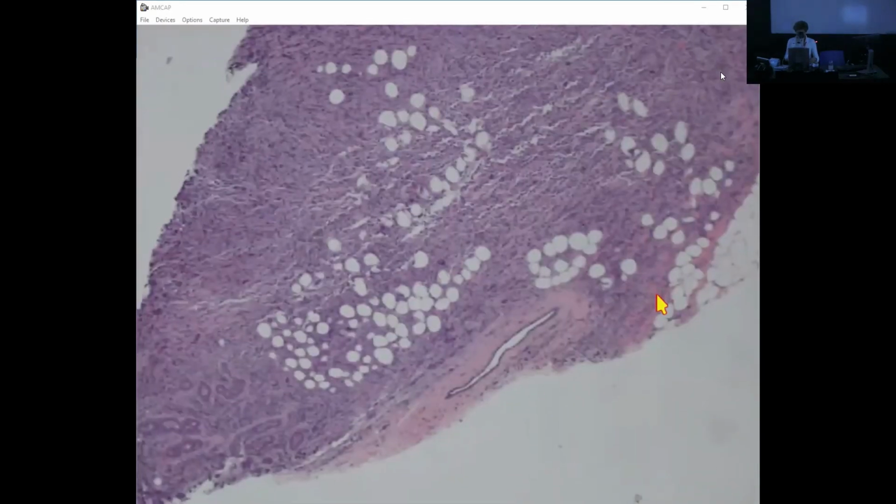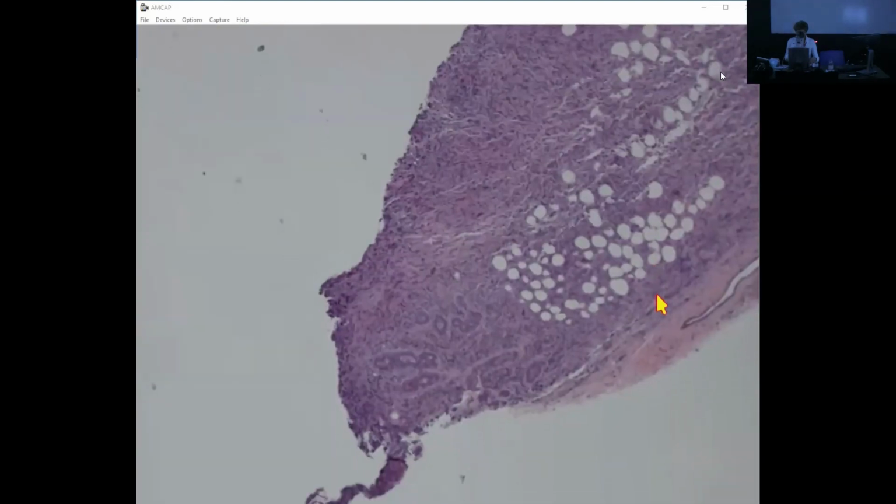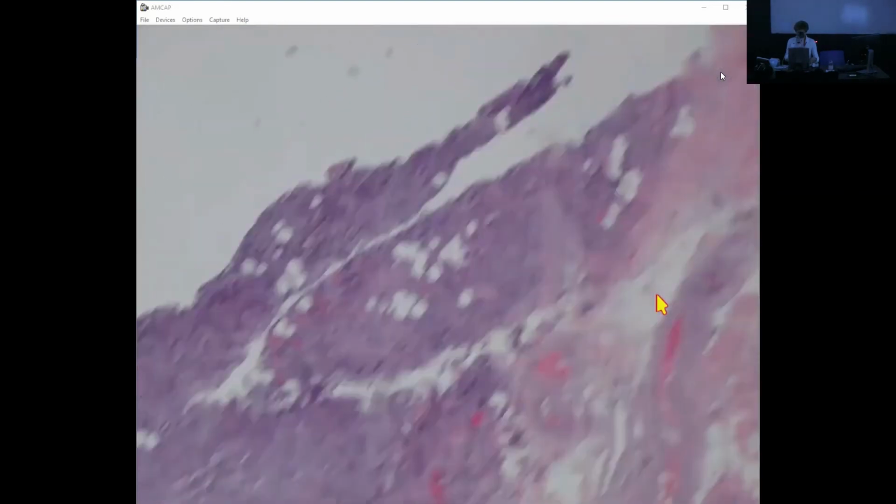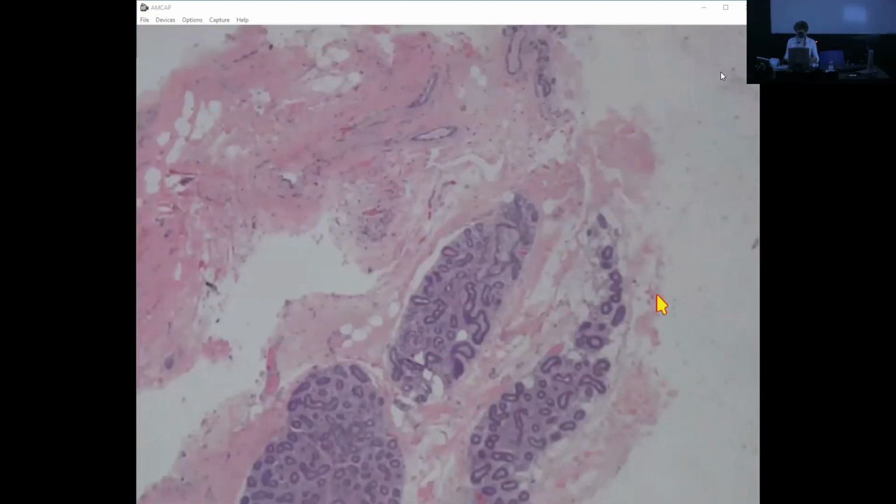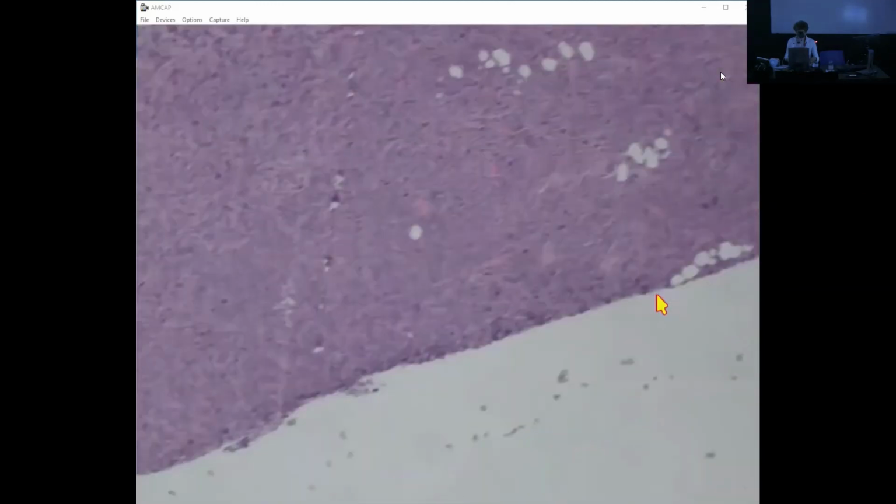I have it in the lobular lesion. And this is an invasive tumor. We're in the breast. So there is benign breast parenchyma, there is invasion right here.